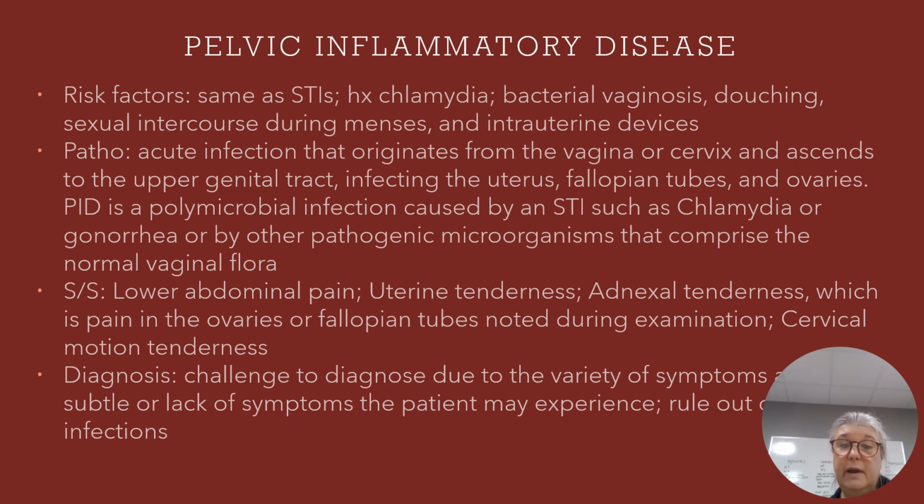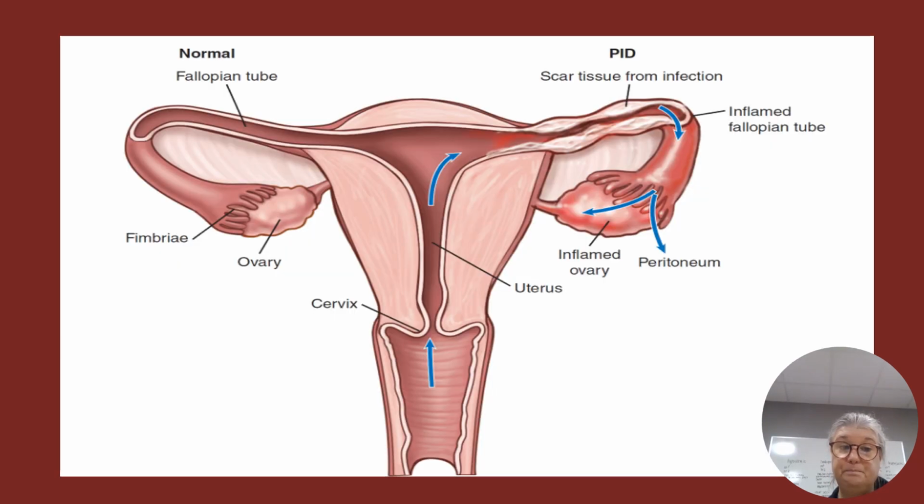This just talks about treatment for hospitalized patients. You don't need to memorize that. Just know that complications of PID can actually end up with infertility, right? So it can be an extreme complication.